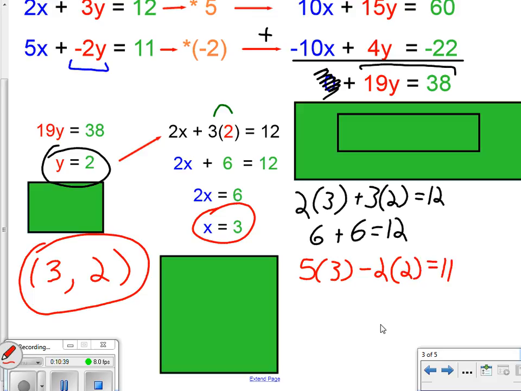Okay, so we just plugged in our values to check them. Again, simplifying, 5 times 3 is 15, minus 2 times 2 is 4, equals 11. And in fact, 15 minus 4 does equal 11, so that one checks out. So for both of our equations, the spot where they'll both go through is 3, 2, for that coordinate point. X is 3, y is 2.